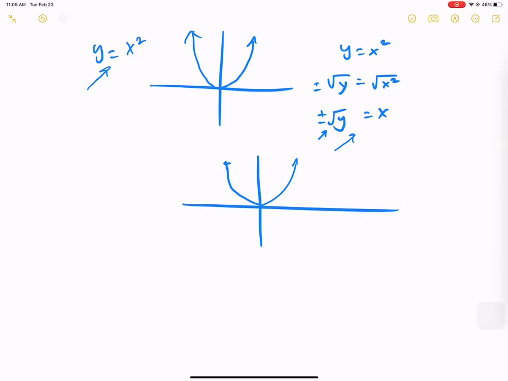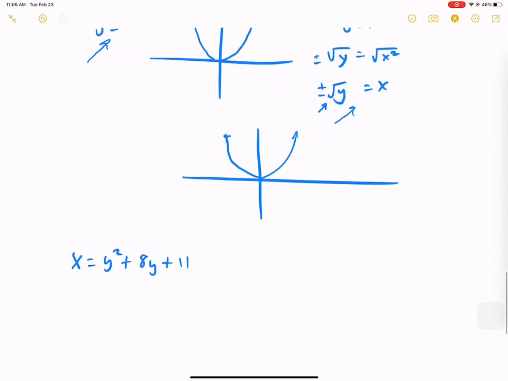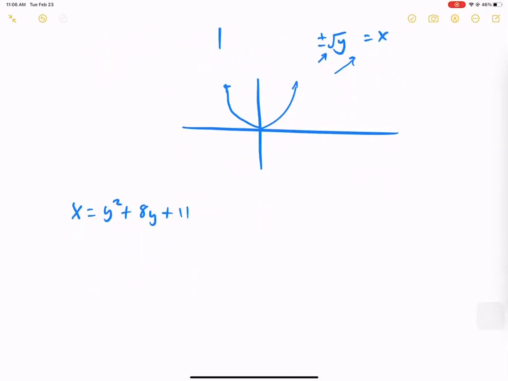Now, here's our issue. If I give you a graph that says x equals y squared plus 8y plus 11, this is a positive parabola with zeros that are hard to find. But this graph would go this way actually. It would look like this.